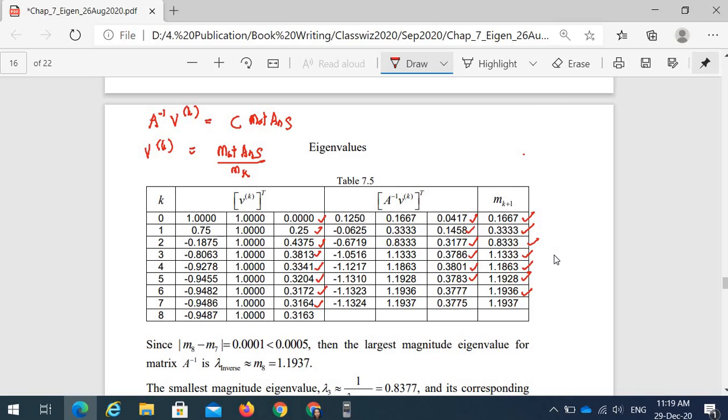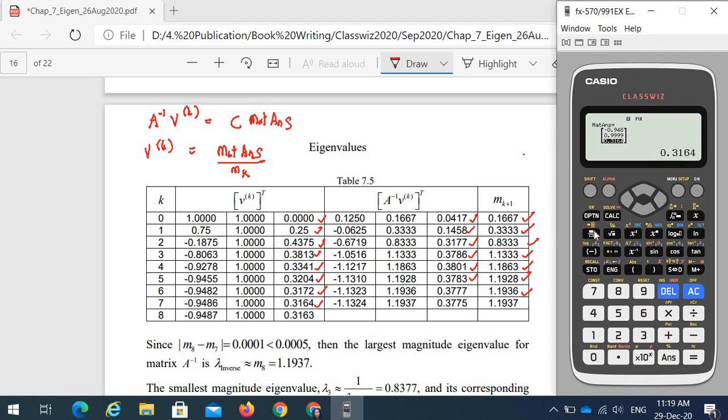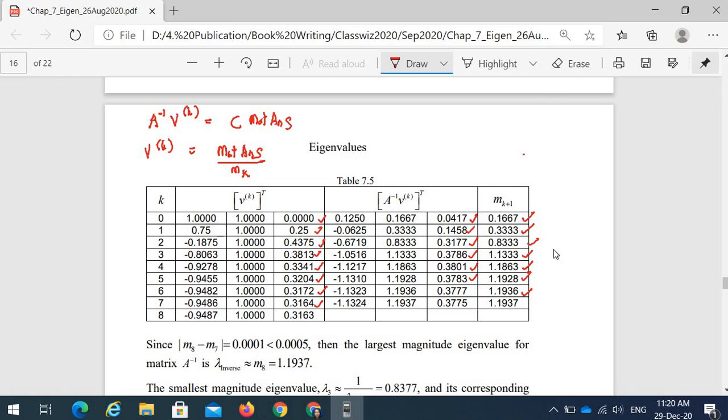A inverse Vk is C times max answer, because the V is stored in max answer. You get 1.1324, 1937.3775. This one done. So the M k plus 1 is the largest magnitude, 1.1937.